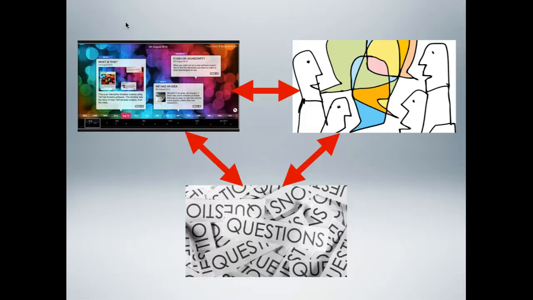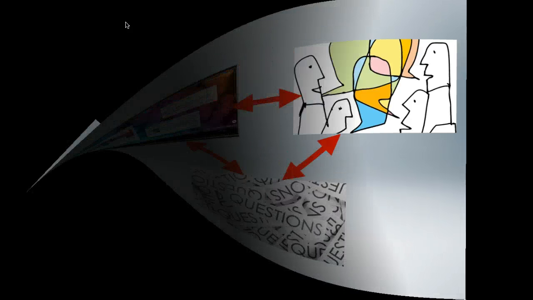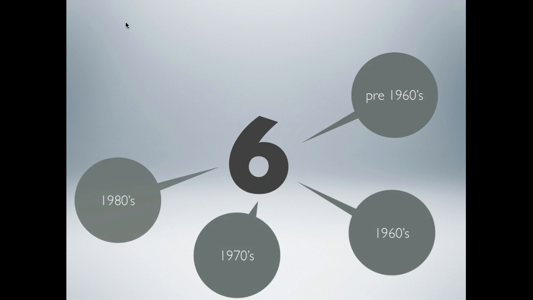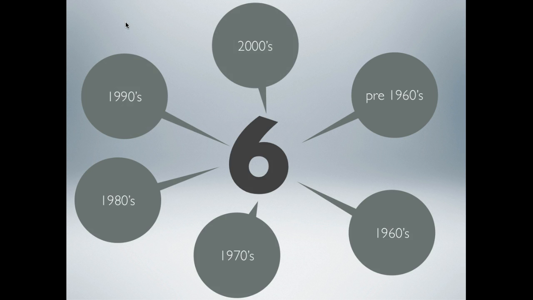Now let's look at the assignments in a bit more detail. You will complete 6 Tiki-Taki timeline entries, 1 for each time frame decade that we're investigating: early, which is pre-1960s, 1960s, 1970s, 1980s, 1990s, and 2000s.